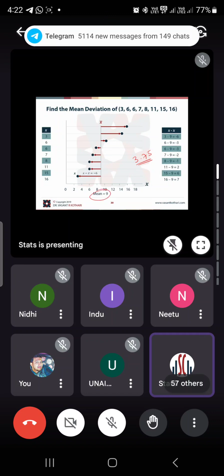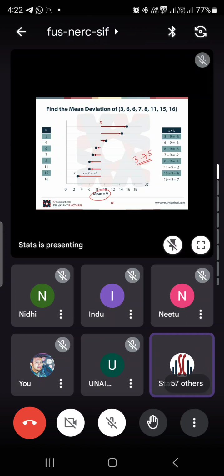I repeat, your data's center point is 9, and on an average it is 3.75 points away from the center, because every individual number is away by a certain amount.